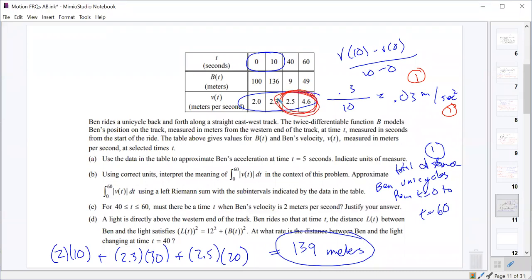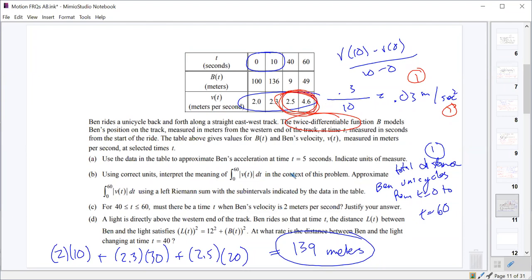If his velocity was below 2, and then was later above 2, or vice versa, you would know that it must have crossed through 2 using the intermediate value theorem, because this is a twice differentiable function, meaning that b is continuous and differentiable and v is continuous and differentiable. So the intermediate value theorem would tell us that if you started above 2 and finished below 2, or started below 2 and finished above 2, you must have hit 2 somewhere in there.